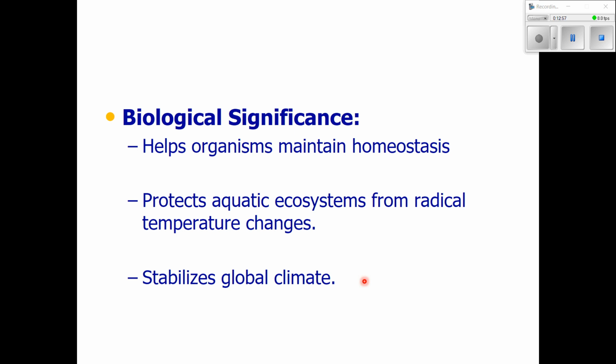It fluctuates that much in a 12-hour period. 400 degrees. That's huge. But on Earth, because we have so much liquid water, the daily fluctuations in temperature are not nearly as great as they would be without that water.